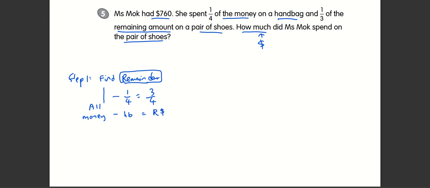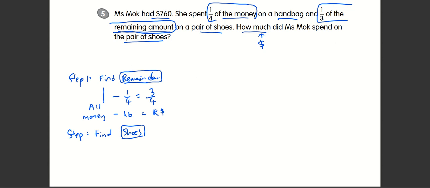Okay, step two, find the amount spent on shoes, which here says 1/3 of the remaining amount.